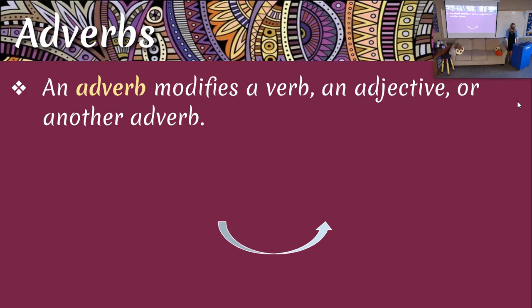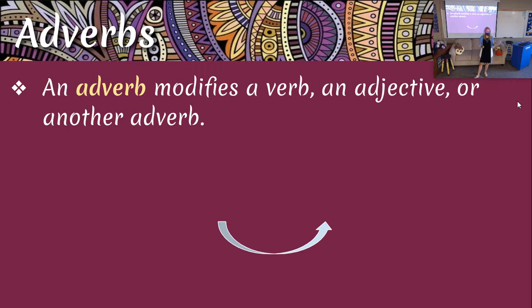So remember, what other part of speech do we have that modifies another word in a sentence? Listen to my question. What other part of speech do we have that modifies a word in a sentence? Besides adverbs, what is the other part of speech that modifies another word? An adjective. And what do adjectives modify?